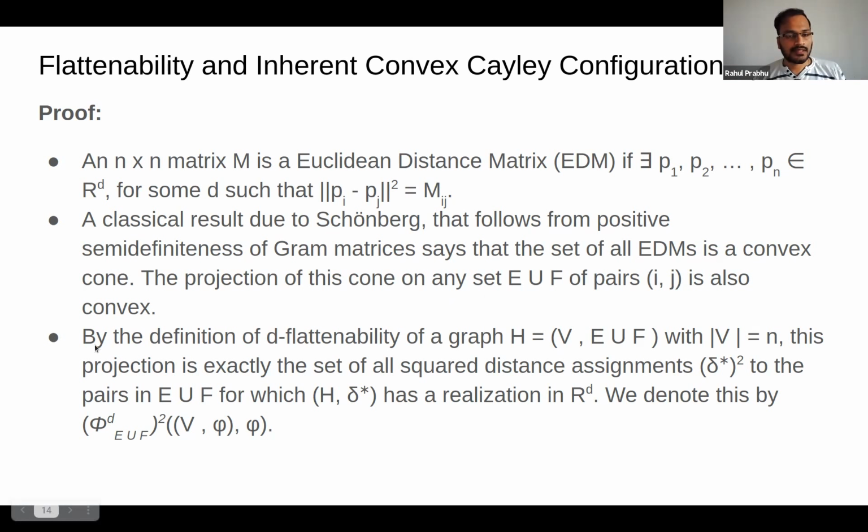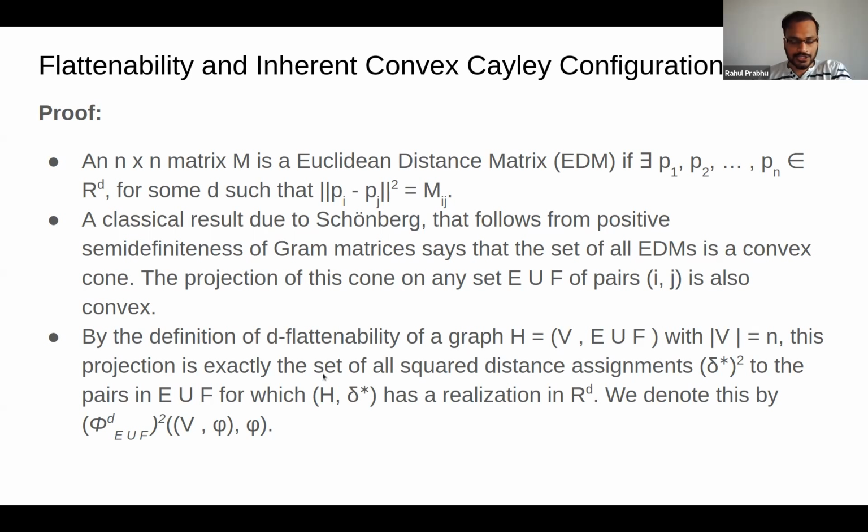So by the definition of flattenability of a graph, we're taking a different graph H here with the vertex set V, where the size of the vertex set is N. This kind of projection on the edge set is exactly all of the squared distance assignments to the pairs in E union F for which the graph H has a realization in R^D.